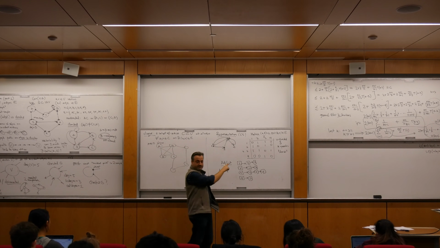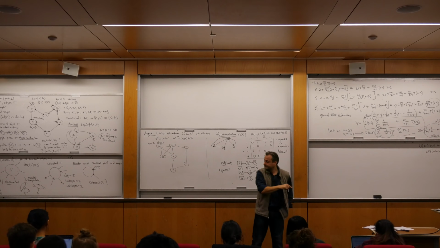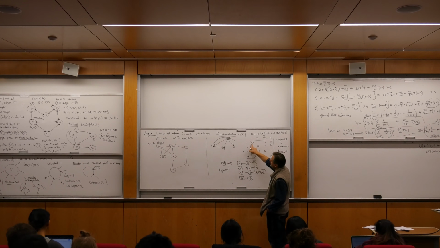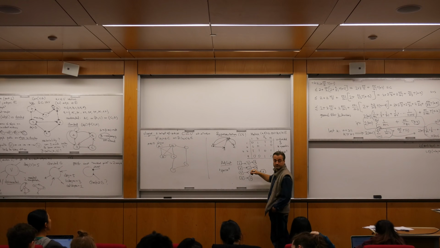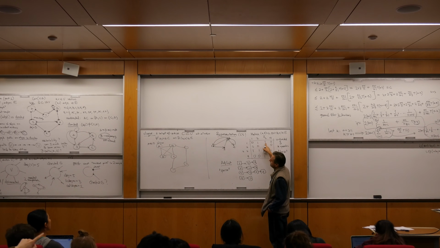Now, this matrix is not symmetric anymore. Is there an edge from 1 to 2? Yes. How about from 2 to 1? No. That's a 0. From 1 to 3? Yes. From 1 to 4? No. 2 to 1? No. 2 to 2? No. 2 to 3?